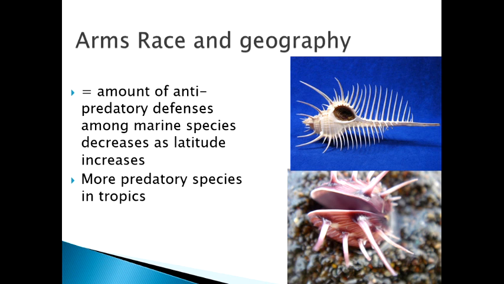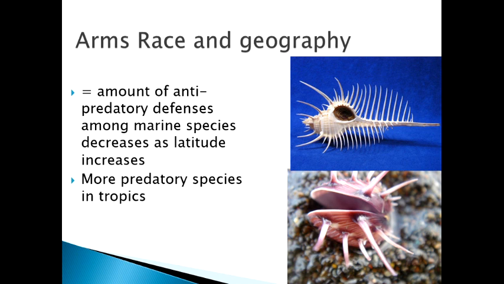Within the same species, within the same related groups of families or genera, or just overall in general, just counting things and looking at them, if you look at the tropics, organisms typically have all kinds of anti-predatory defenses.